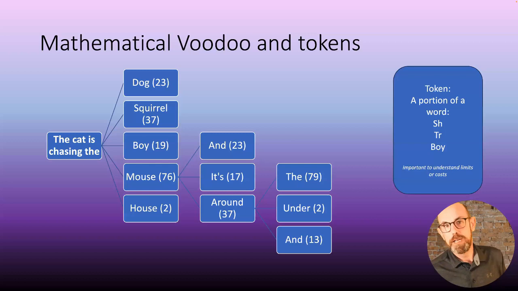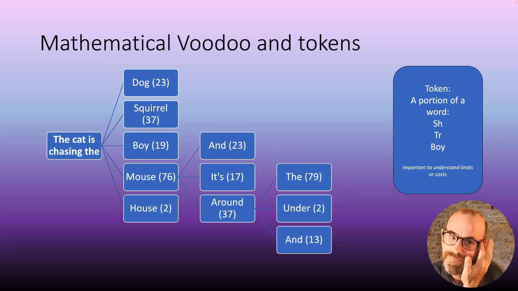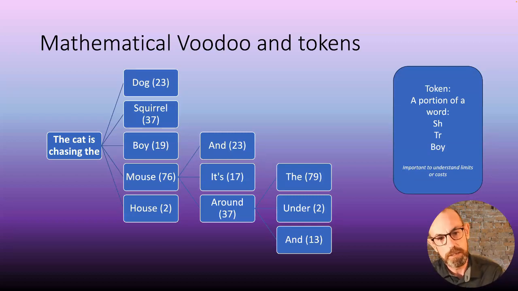So I can see a hand raised. I'm just not sure what you mean when you say the cat chased the mouse. Can you explain it a bit deeper? So yeah, I was trying to think of an example of a sentence in the English language that we may use, and like autocomplete on your phone as you're typing on the keyboard, you know how it would suggest the next word in the sequence.